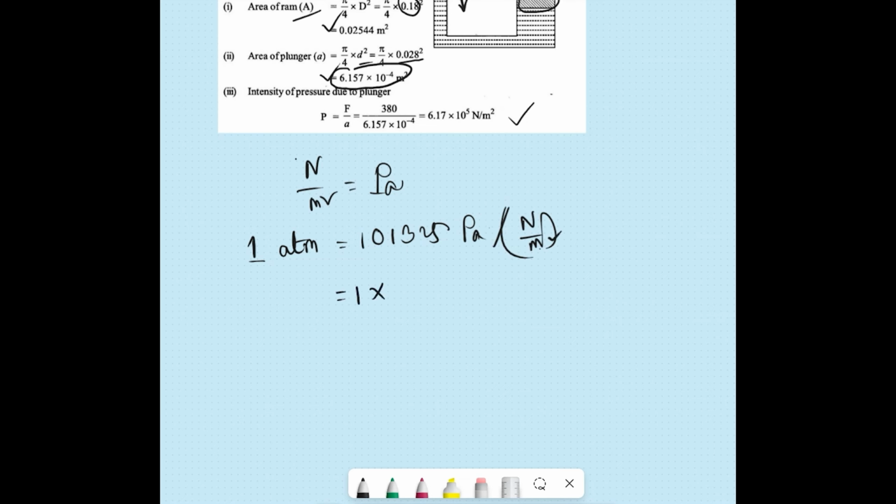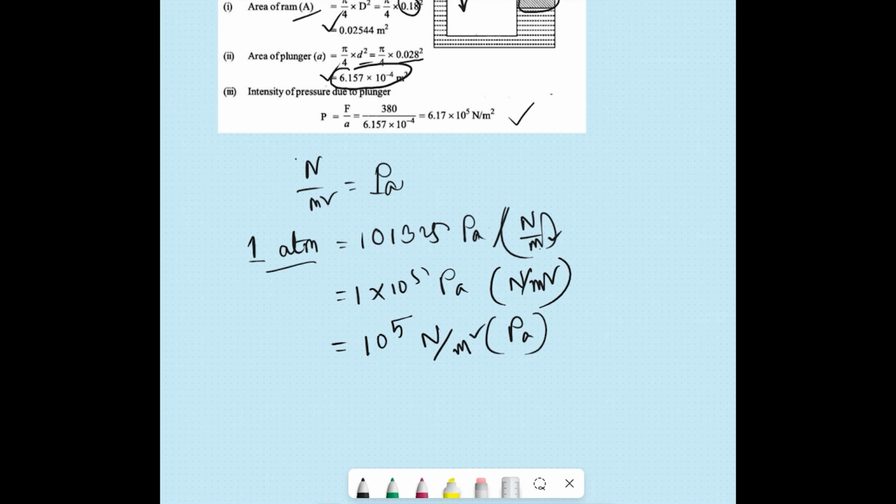So we could write roughly 1 into 10 to the power 5 Pascal or Newton per meter square, same thing. This is the relation between the atmosphere and the Newton per meter square or Pascal.